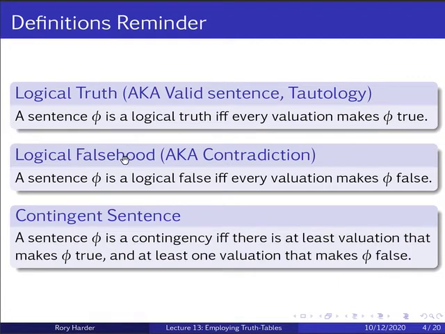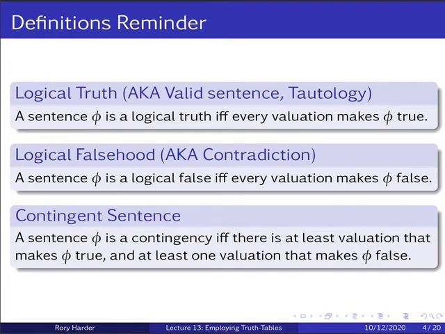For a contradiction or logical falsehood, that means that every valuation makes the sentence false. So that means that on every row of the truth table, there is an F under the main connective of the sentence.